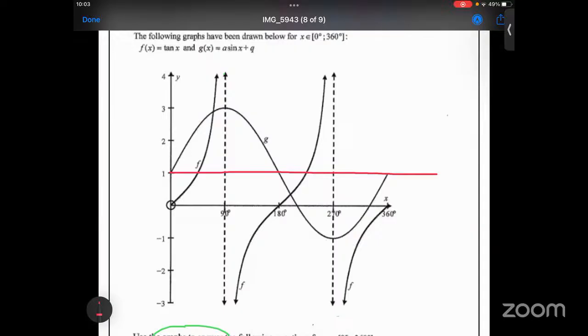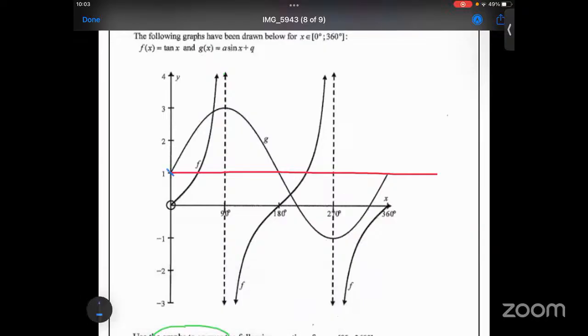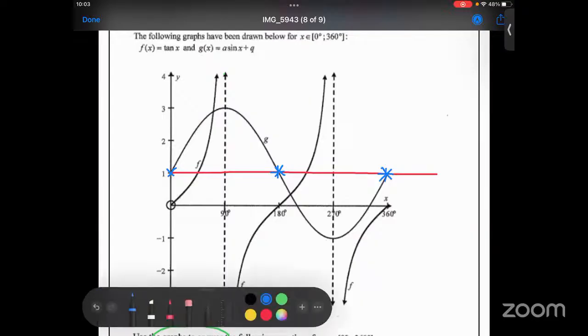The first x value is that one, whereby the graph of g equals 1. There is another one, whereby g is along that line of 1. And there is another one, whereby the graph of g is along that line of 1.